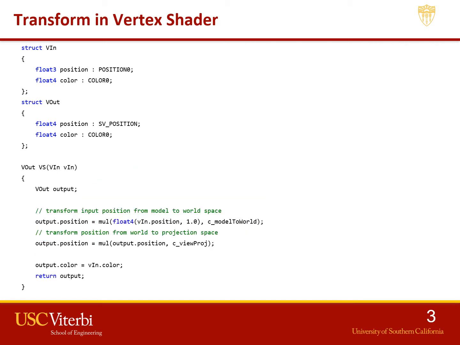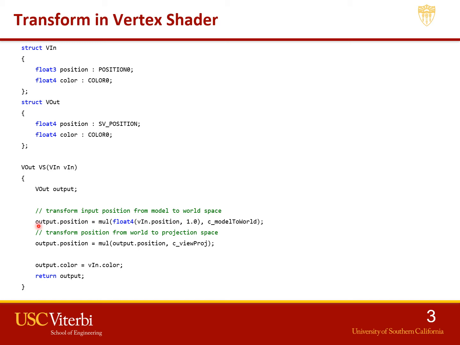Well, let's use a matrix to convert the input position into world position. So we got the model position here, goes in here. We're going to multiply times the model to world matrix, and that'll give us world position.